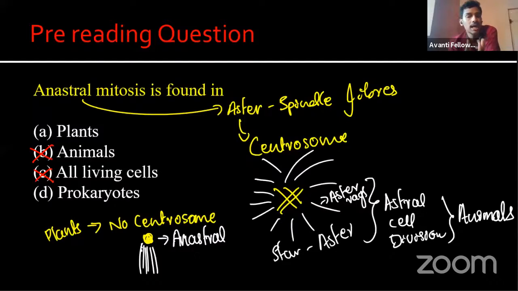Then you may ask, sir, what about the prokaryotes? Yes, this is a little bit critical. You know that the prokaryotes don't have a cytoskeleton, right? Whatever we may call it, spindle fiber or astral fibers, don't take tension about those things, bro.